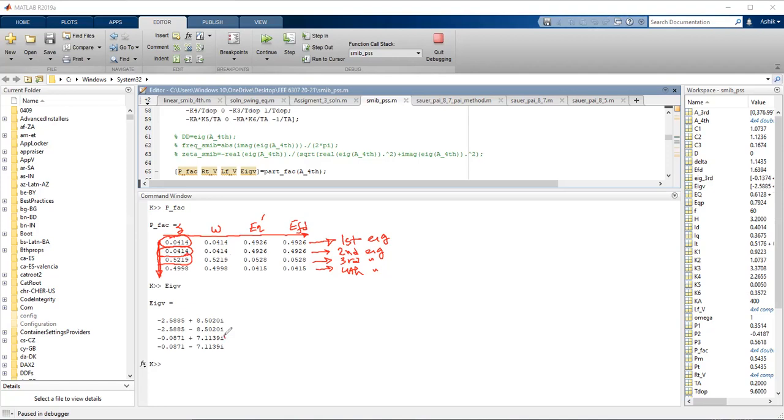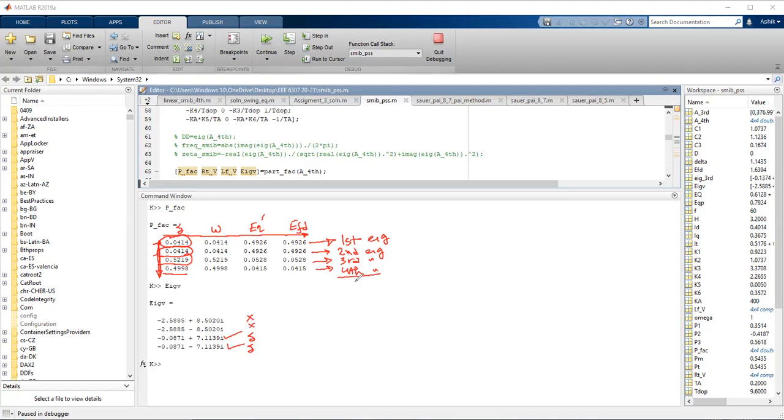That is this. And the fourth eigenvalue is also pretty high compared to these two. So the fourth eigenvalue also has some significant participation from delta. So delta wins here and delta also wins here. But here delta is not the winner.